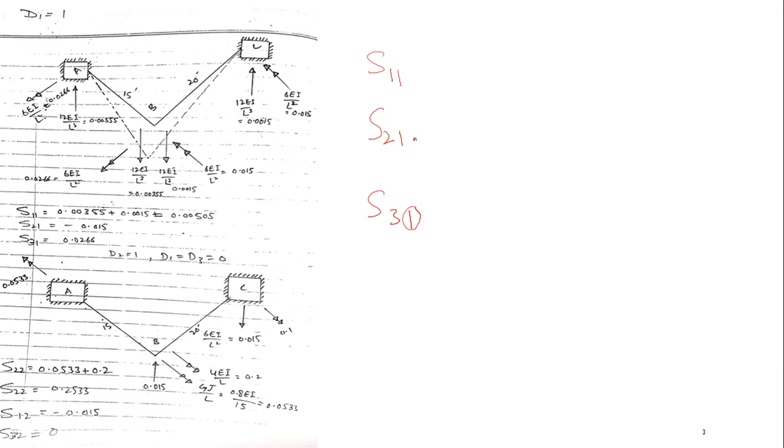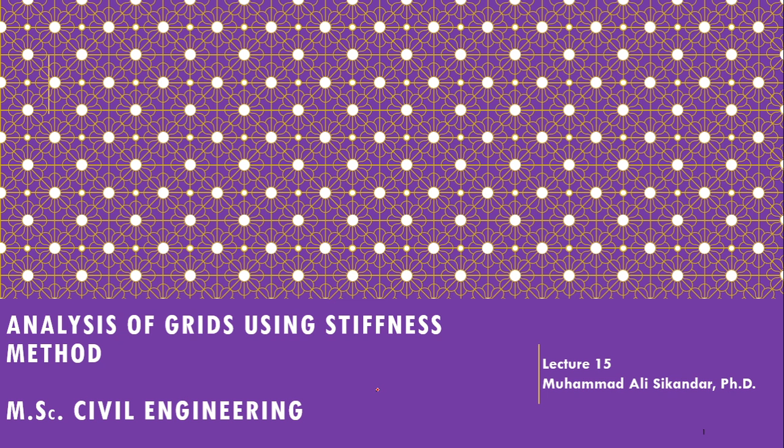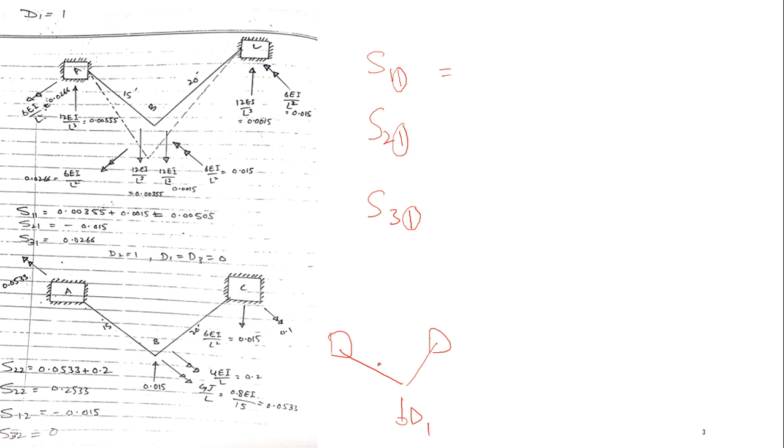Because D1 is equal to 1, the second number would always be 1. If I draw the legend here, D1 is vertical, D2 is in the x direction, and D3 is in the z direction.